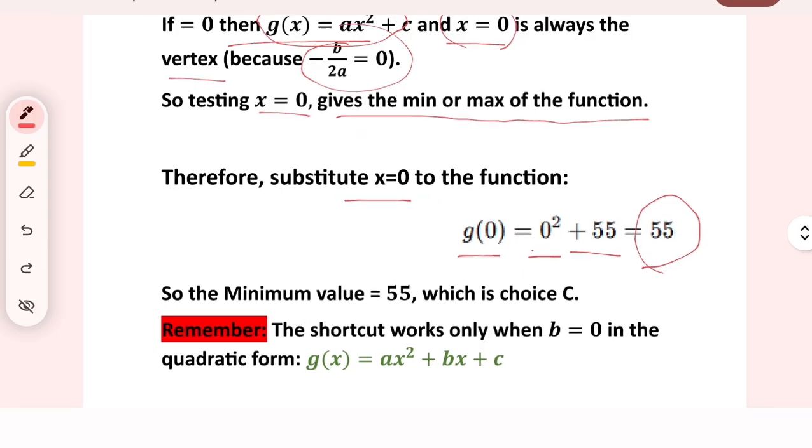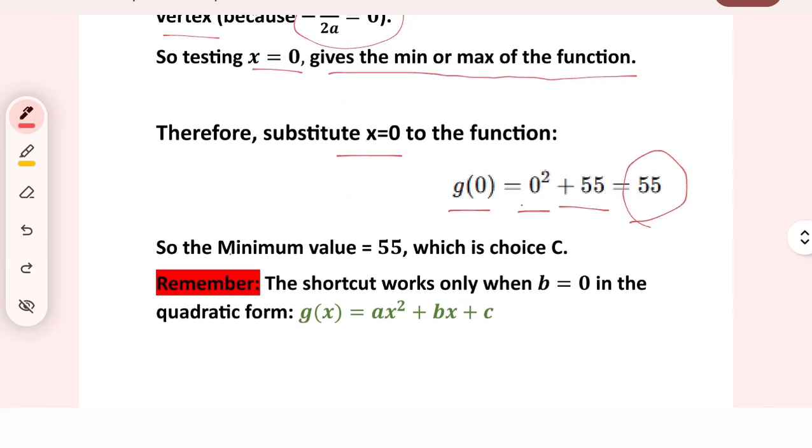Is this value the minimum value? Yes, this is actually the minimum value, 55, which is letter C, or choice C. So the answer is actually C, but there's a trick, right? Remember this.